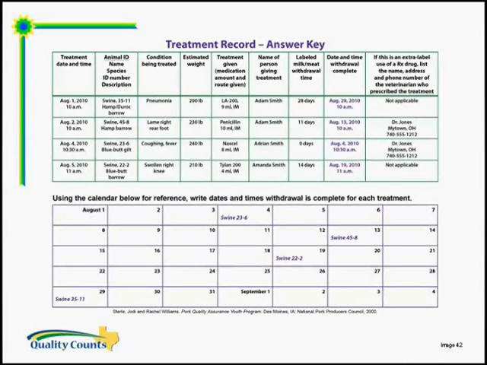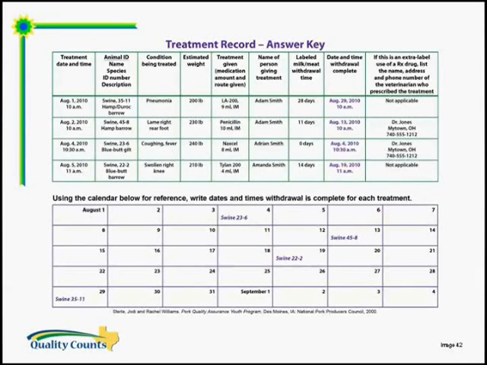The withdrawal period on this particular medication is 14 days. So the withdrawal time would end on August the 19th at 11 a.m. as well. So you can see on the calendar there that they've got the notes for swine animal ID 22-2 written on the notes there.